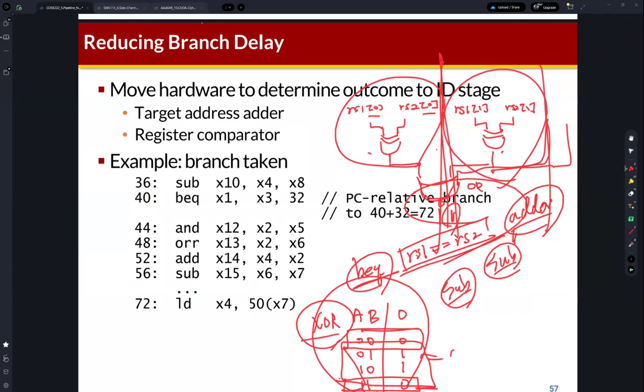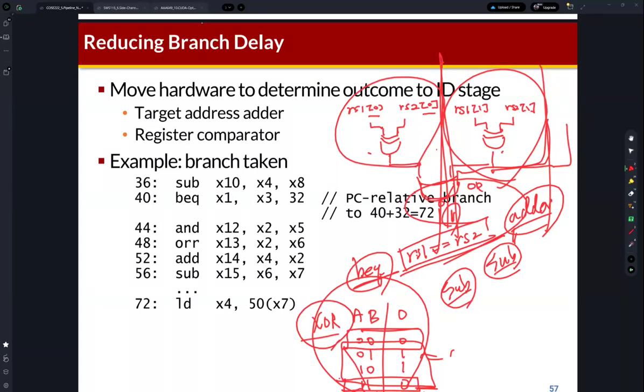It is because using this equality check logic, we can support only BEQ and BNE, right? There are two other branch instructions, such as BLT and BGE. We cannot implement BLT and BGE using equality check logic, right?